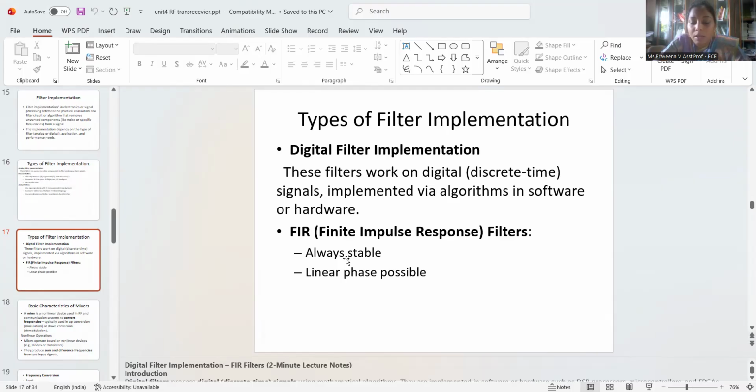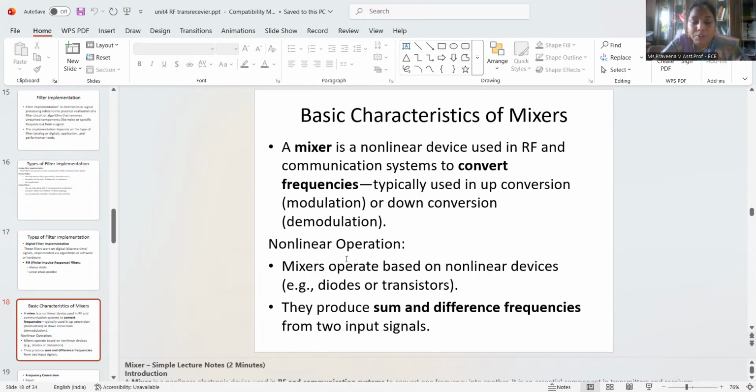This is the main concept. Then let us see the basic characteristics of mixers. A mixer is a non-linear device. You have already learned, right? So a mixer is a non-linear electronic device used in RF and communication systems in order to convert a low frequency or high frequency into another.